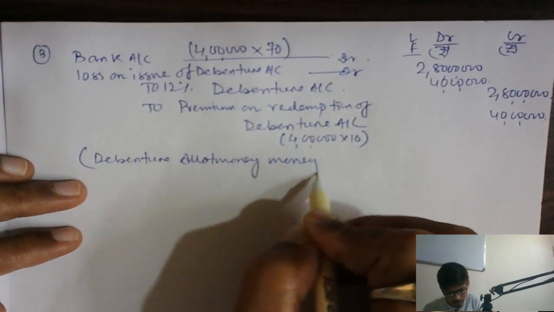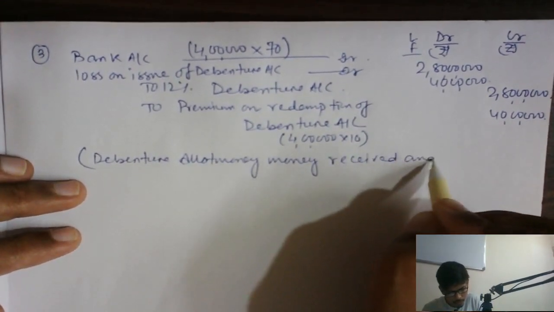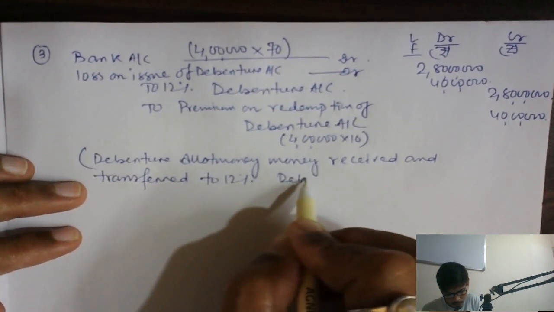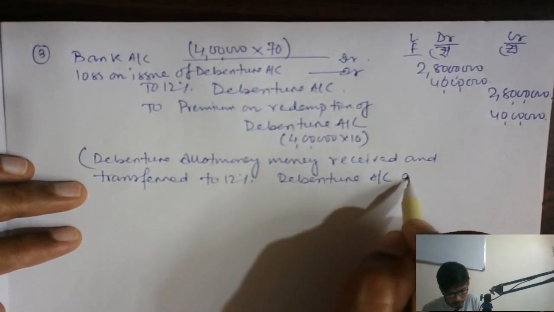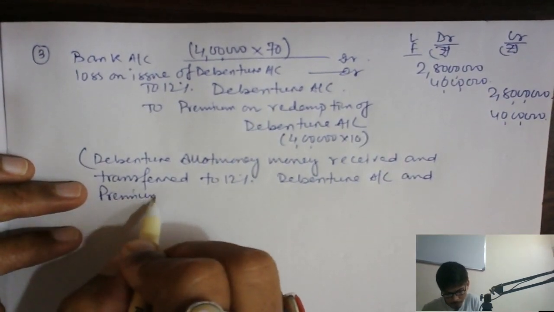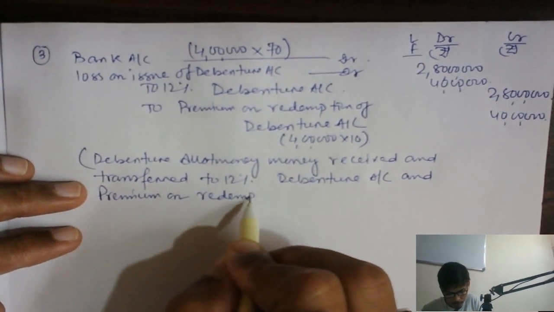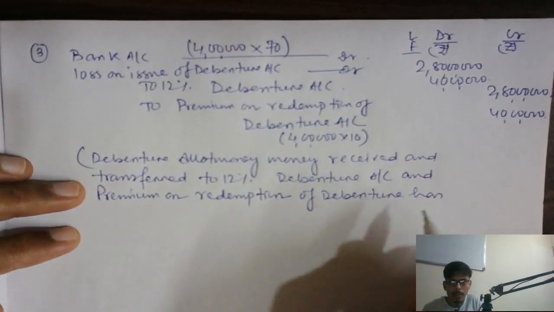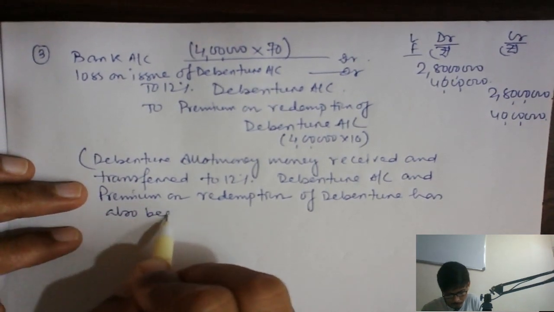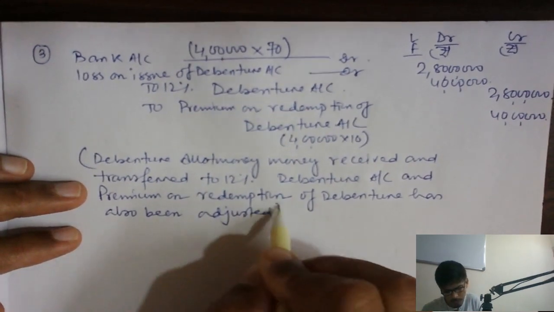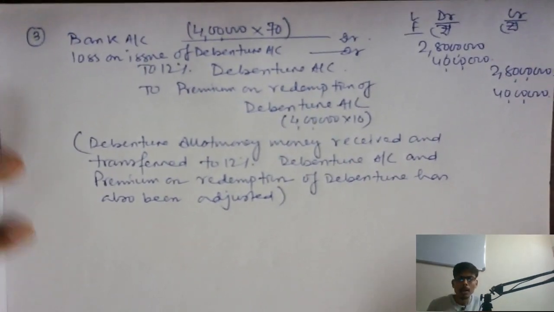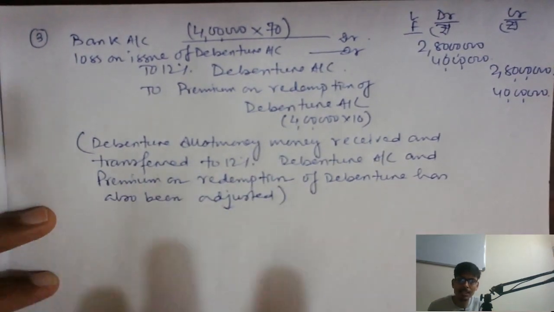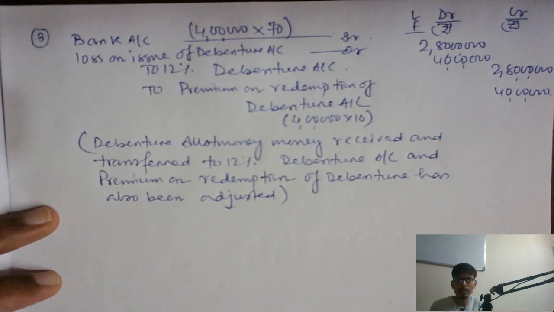Debenture allotment money received and transferred to 12% debenture account, and premium on redemption of debenture has also been adjusted here. It's a clear cut idea. It's a very basic idea. Done.